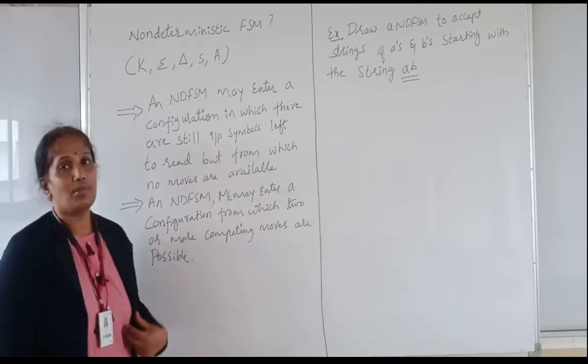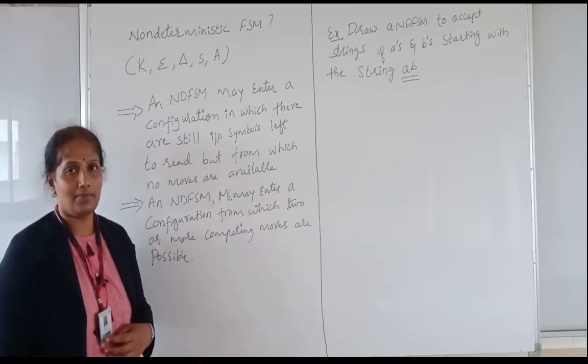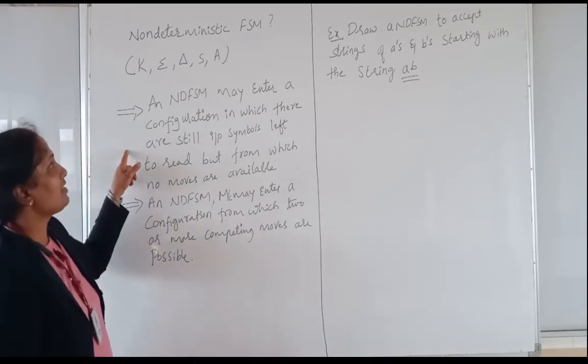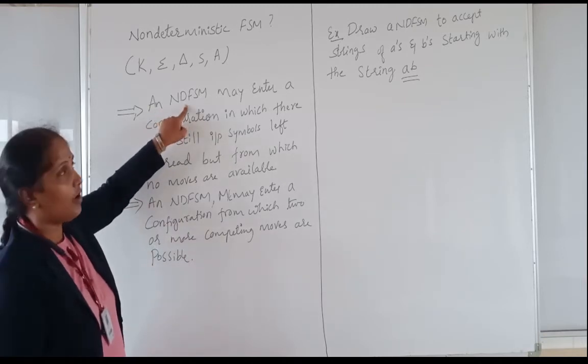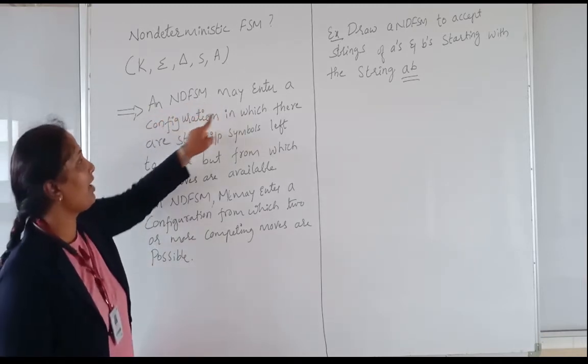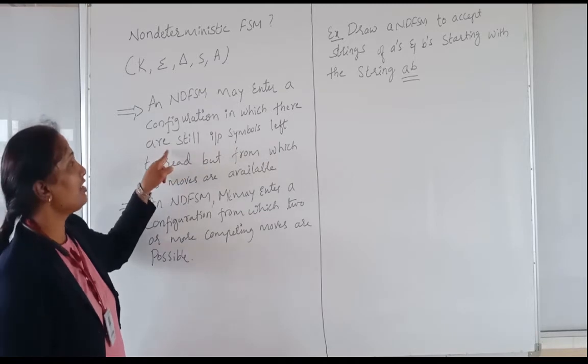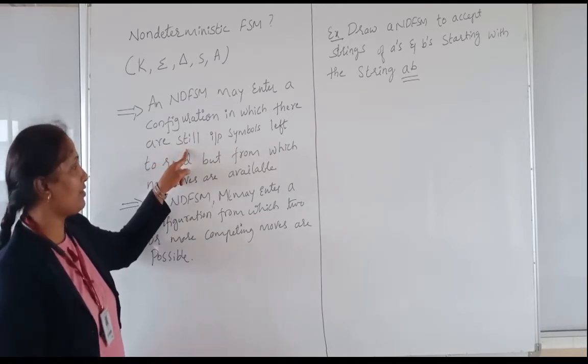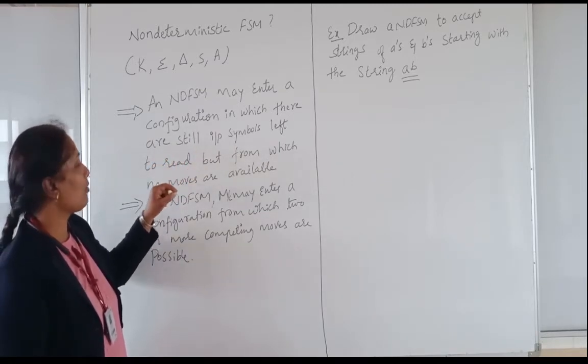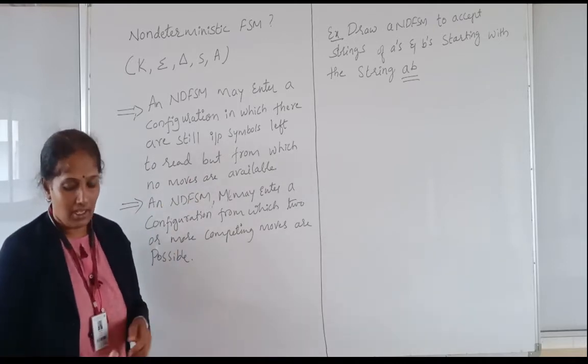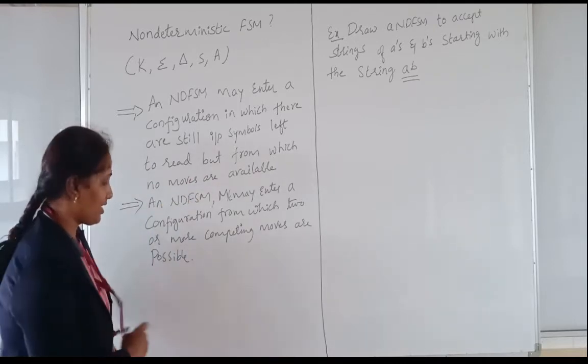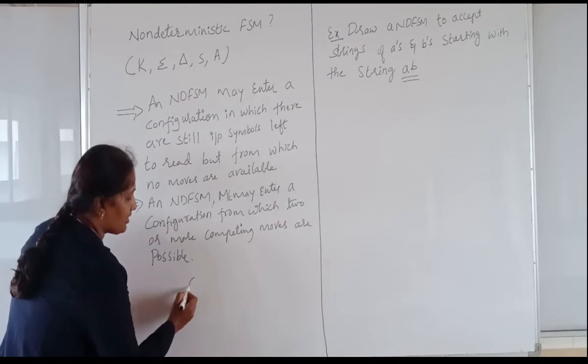The major difference between NDFSM and DFSM: the first difference is that an NDFSM may enter a configuration in which there are still input symbols left to read but from which no moves are available. As you studied in DFSM, what is the construction rule?